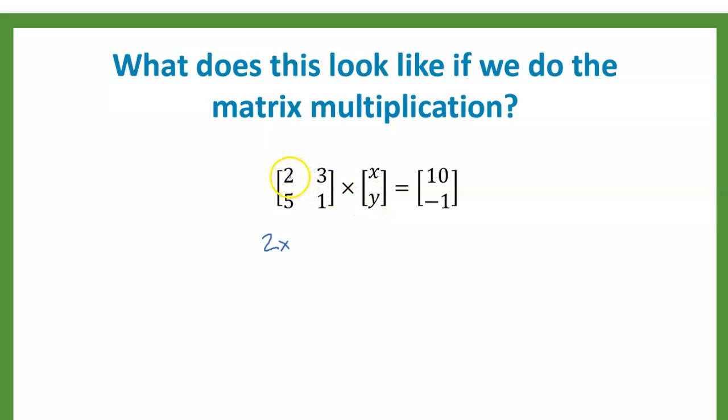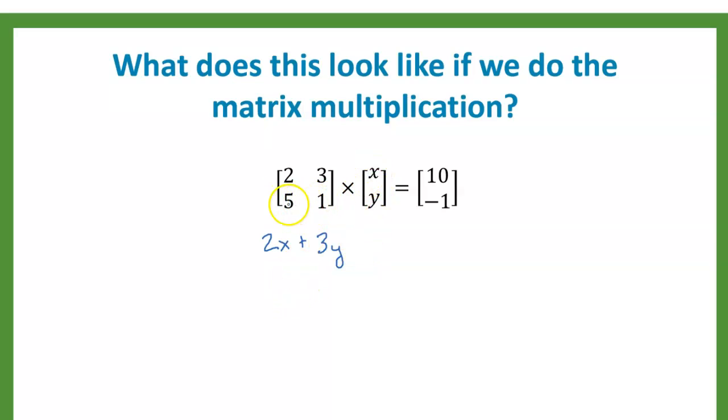So this is similar to like if these were chips and this was the cost of chips, we'd multiply those. And then cookies, amount of cookies, cost of cookies. Multiply those and then we add those together. That becomes our first row in our answer matrix.